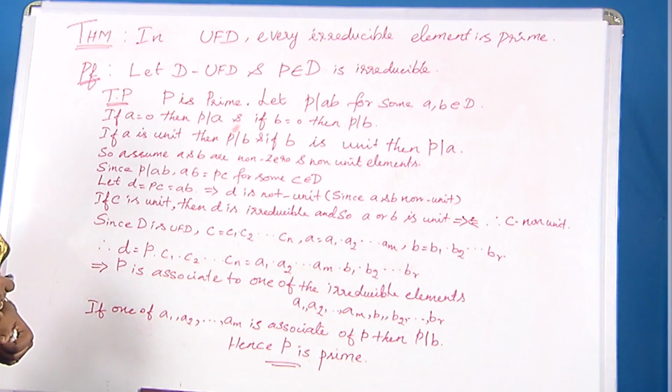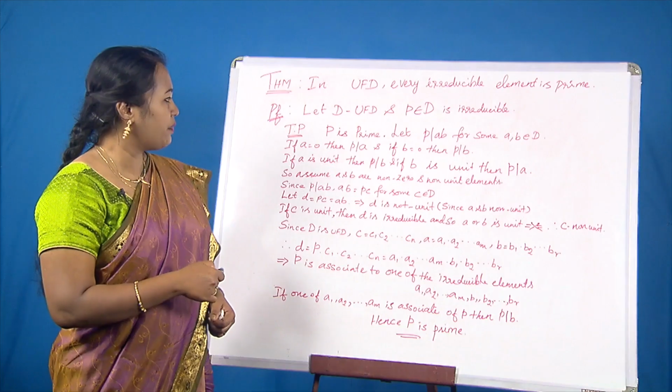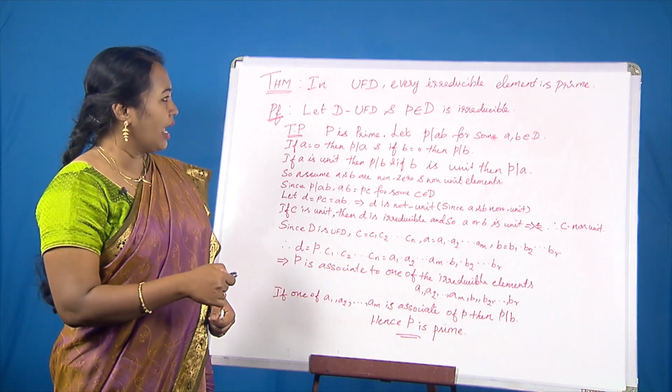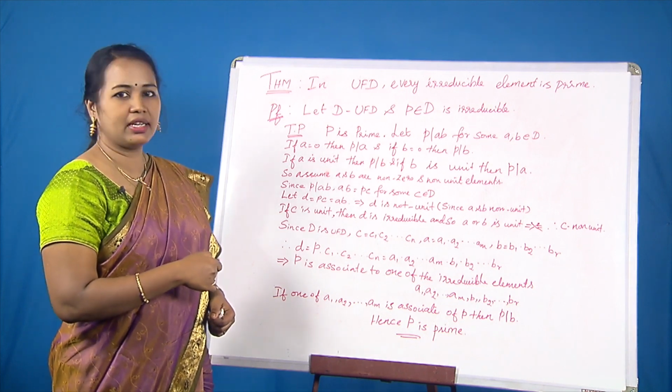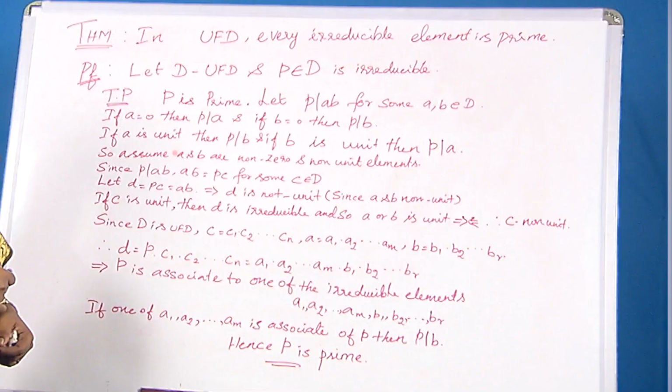How is this possible? Because if a is a unit, then it has an inverse. So, when p divides ab, then b can be obtained by multiplying ab by the inverse of a; they get cancelled and you are left with only b, and therefore p will divide b.